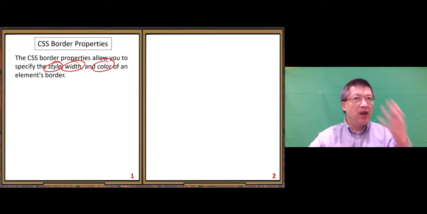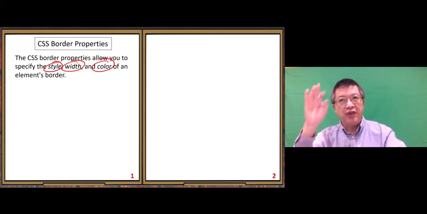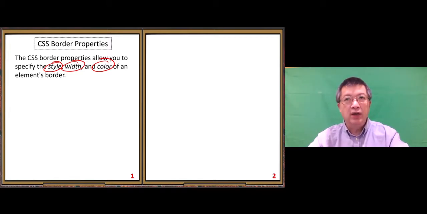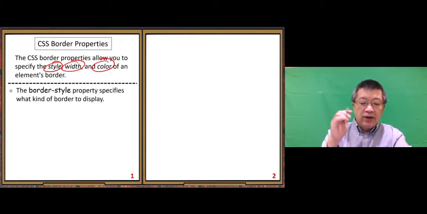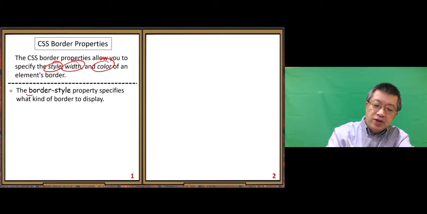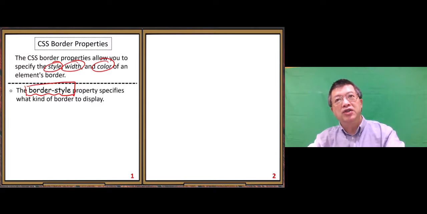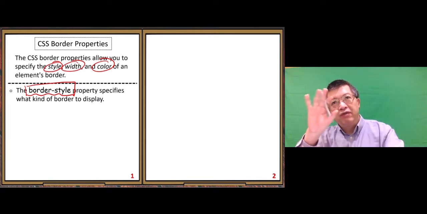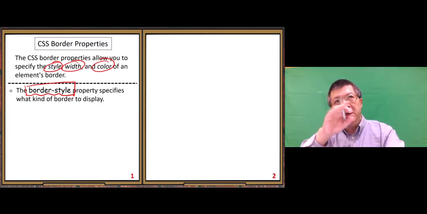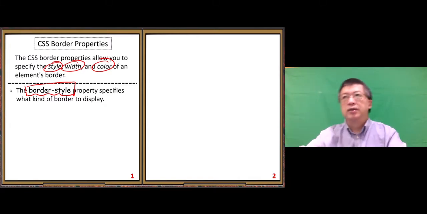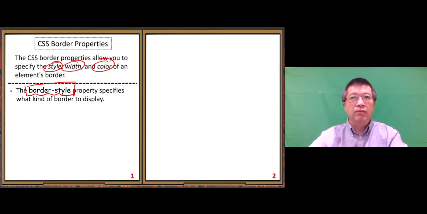Declaration block. We use that way to describe our border style. First, we need to use this border-style property name. That's the property name. So here you can see I use a different font. This font means the exact spelling of the property.